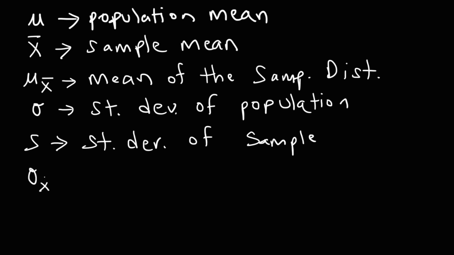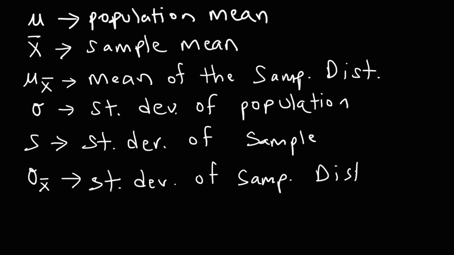Sigma with an x bar as a subscript is the standard deviation of the sampling distribution. So notice the difference between S and sigma sub x bar.